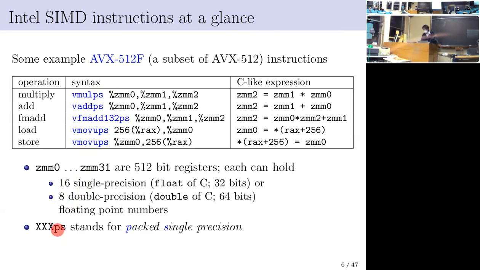And both P and S are important. P stands for packed, which indicates this is a SIMD instruction. S stands for single precision. So PS means packed single precision instruction, which is essentially SIMD instructions operating on single precision floating point numbers.